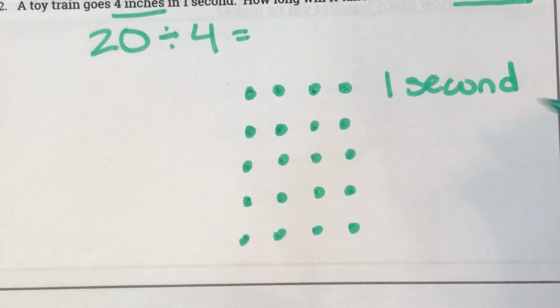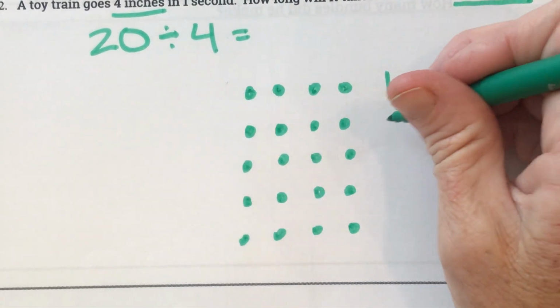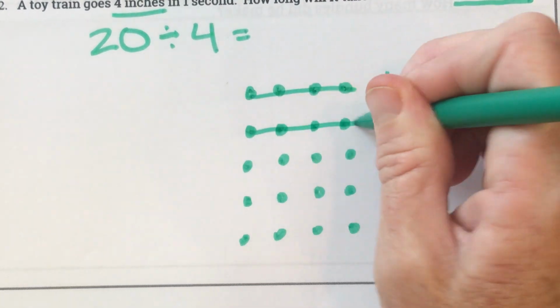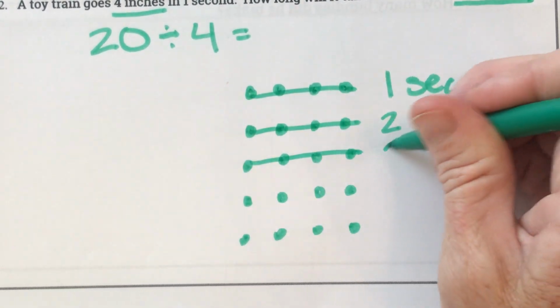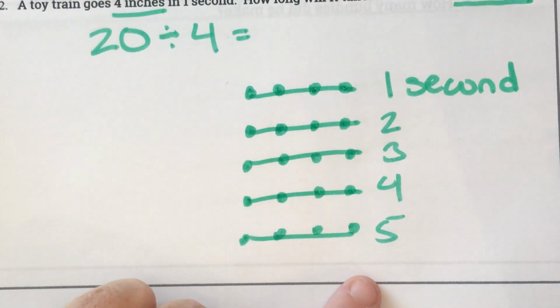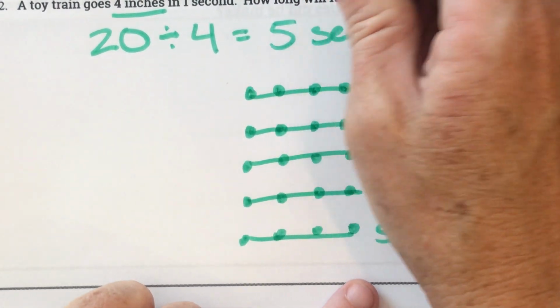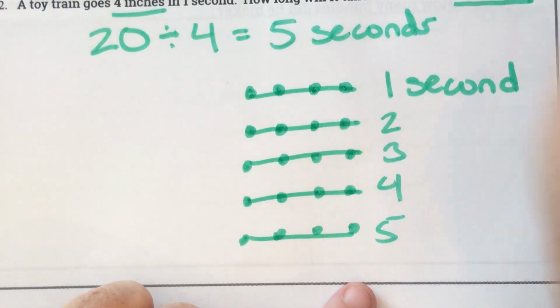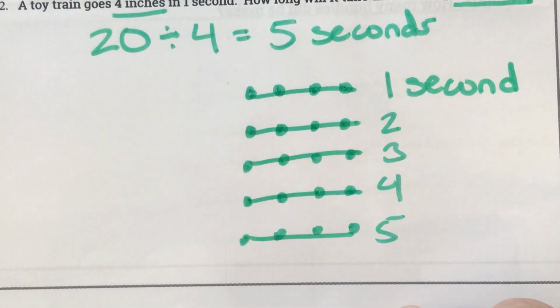Okay, so that was 2 seconds worth. That took 3 seconds, that took 4 seconds, and it took 5 seconds. 5 seconds to go 20 inches, our toy train.